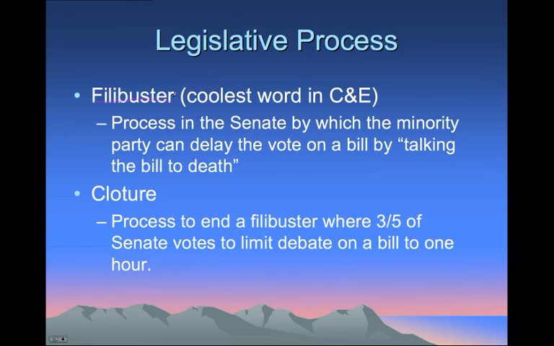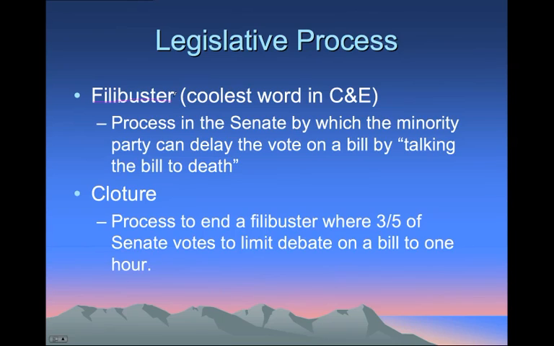So if the senators of the majority party can vote for cloture, which means they have to have 3/5 of the senators vote to limit the debate, so basically they set a time limit for debate, that eliminates the possibility for a filibuster and establishes the time when everybody can vote. And so if the majority party can do that, then that can block the filibuster.